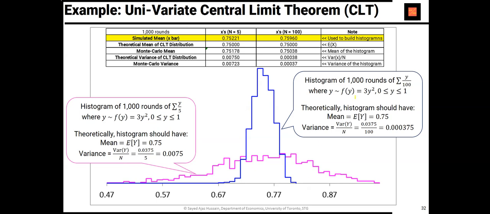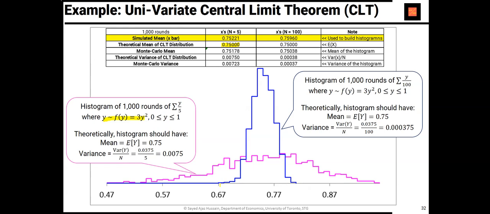The purple thingy is the histogram of 1,000 rounds of the sample means of 5 observations drawn from a PDF of 3y squared. Notice it has a mean. Theoretically, it should have a mean of 0.75.